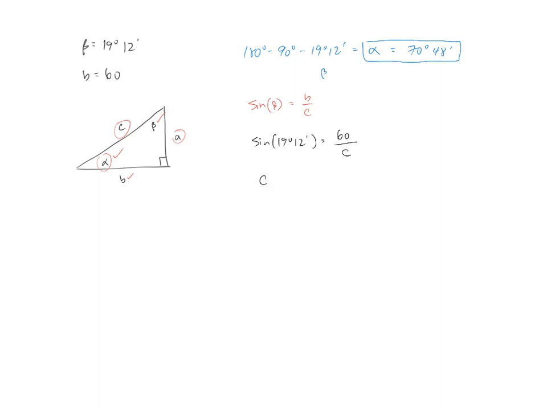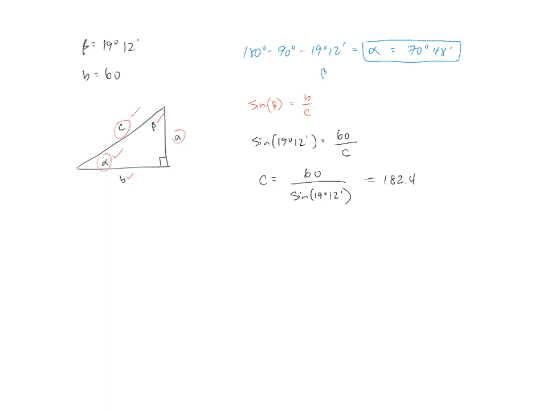So C then is going to be 60 divided by sine of 19 degrees 12 minutes. And if you punch that into your calculator, you end up with 182.4, if we round to 1 decimal place. All right, so now it looks like we've found C.